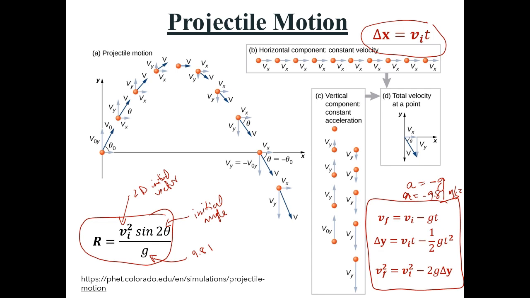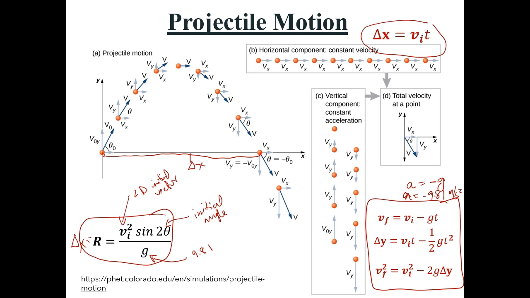So this range equation, the word range tells us how far, or it is pretty much delta x. So how far from the initial point the object traveled horizontally only. The condition for this equation is that the object starts and lands at the same height.